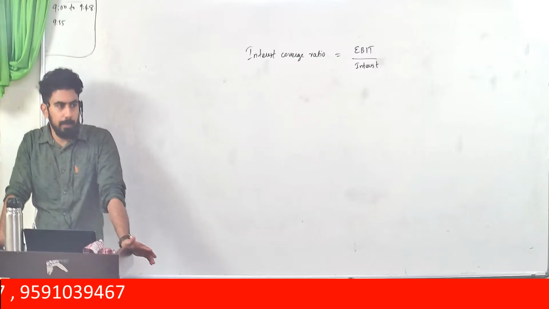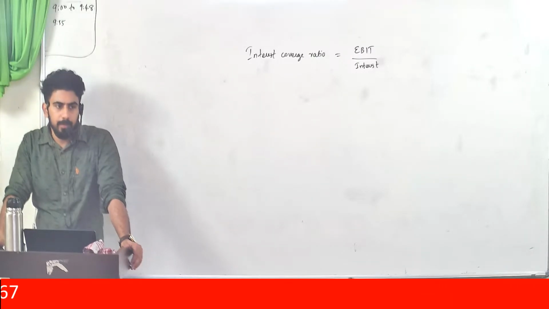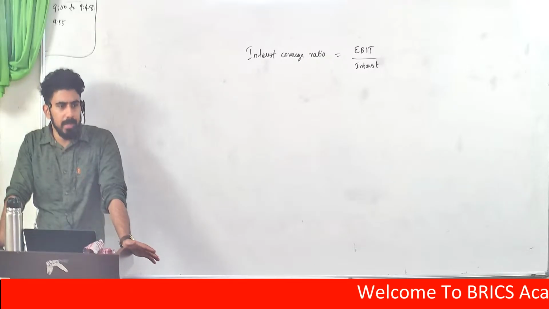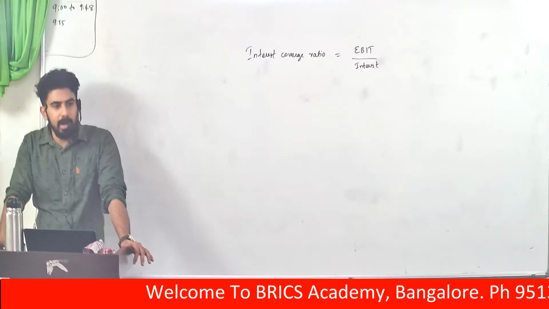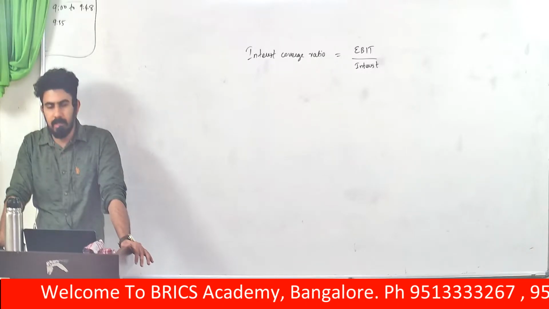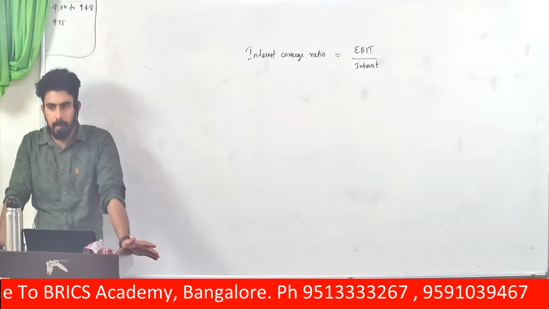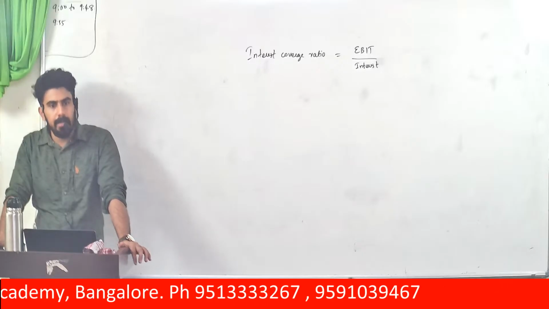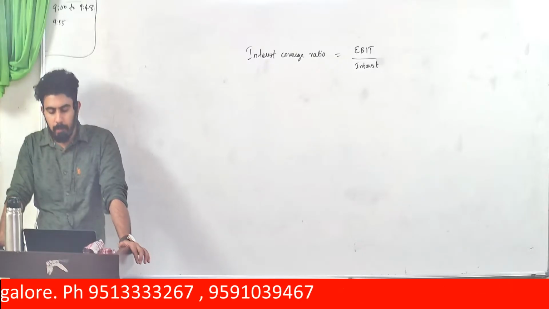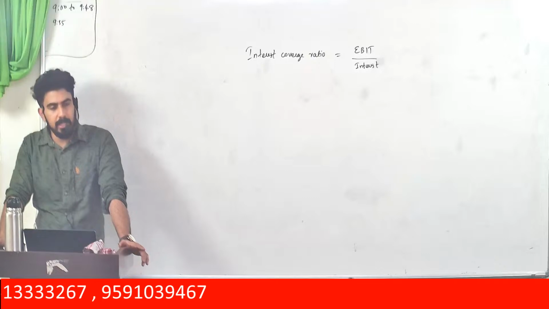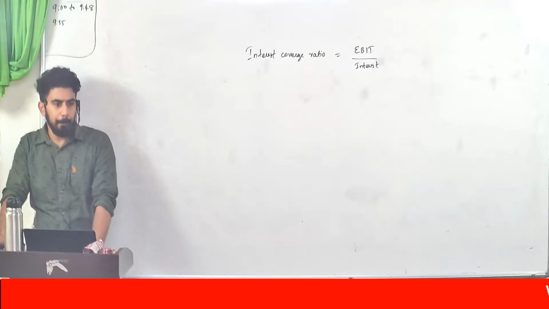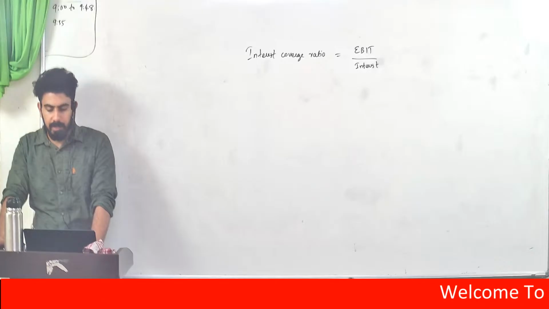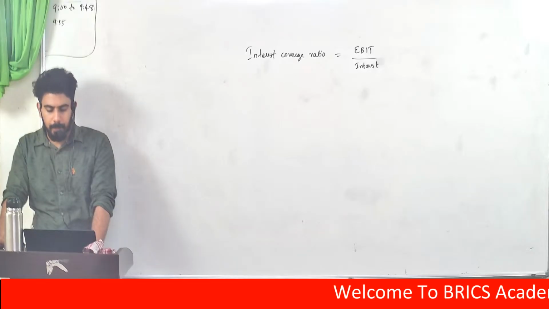EAT divided by preference share dividend, not number of shares, preference share dividend. Because from which number do you pay? We pay from EAT. EAT minus preference share dividend, that is what we normally do. So preference dividend coverage ratio is equal to EAT divided by preference share dividend.